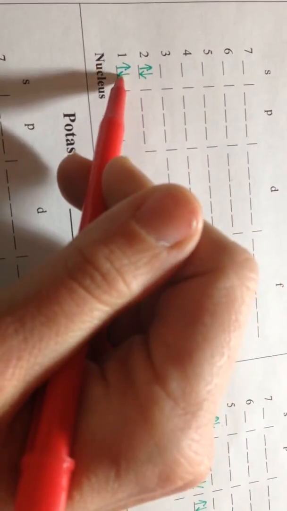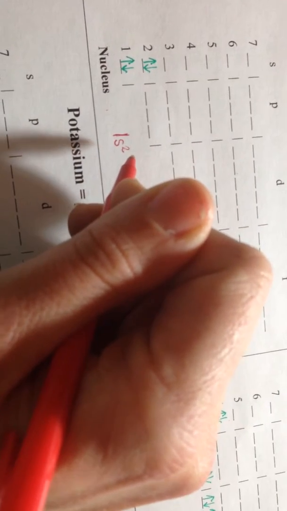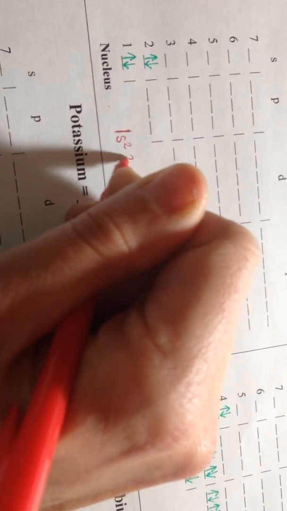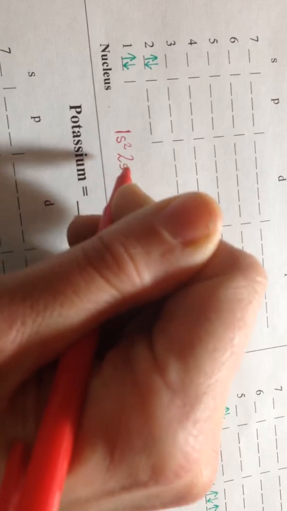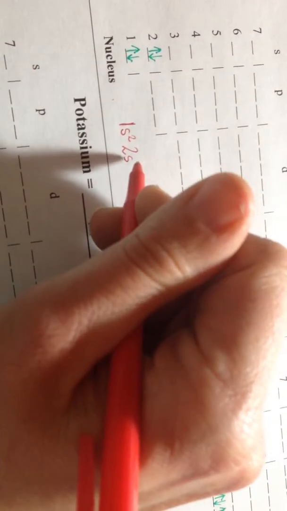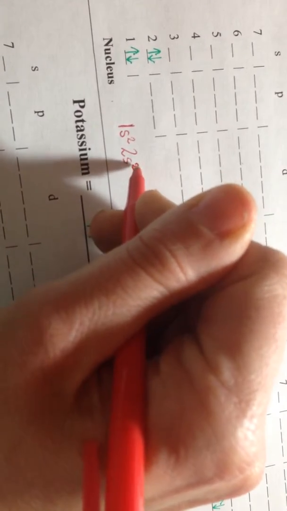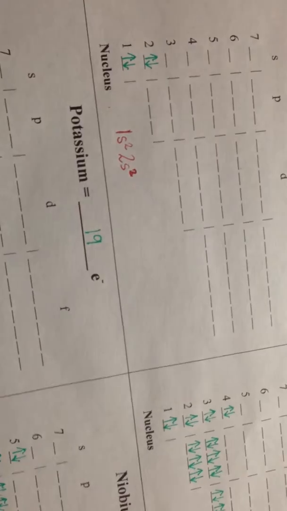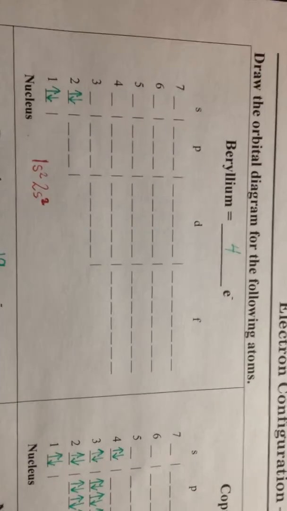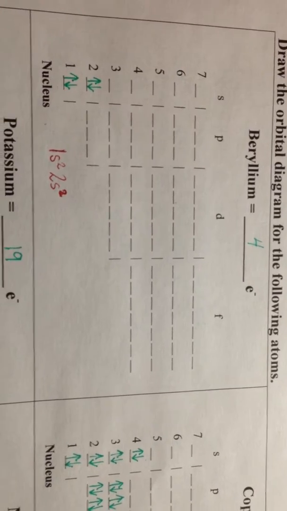And in the 1s, from my picture here, I can see there are 2 electrons in that orbital. The next thing that I list is the next orbital of energy, which is the 2s, and from my picture I can see that I have 2 electrons in that orbital. So the electron configuration for beryllium is really just 1s2, 2s2.